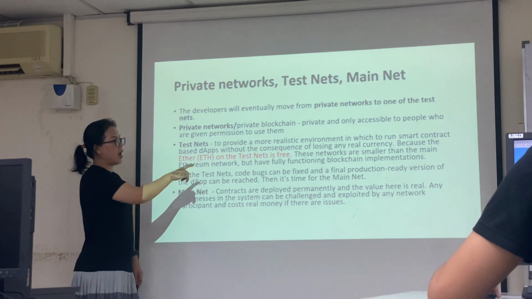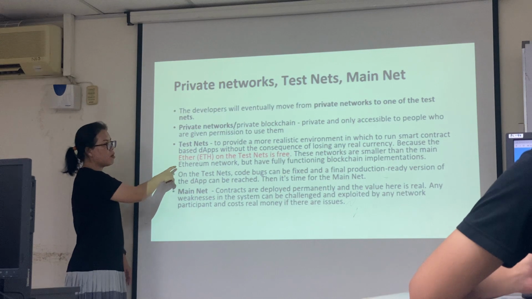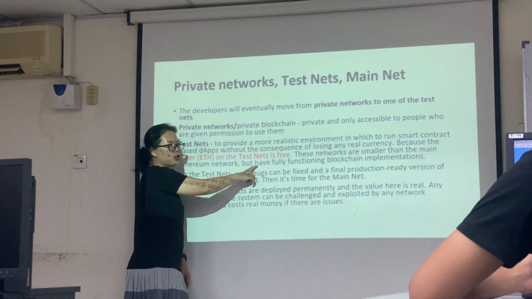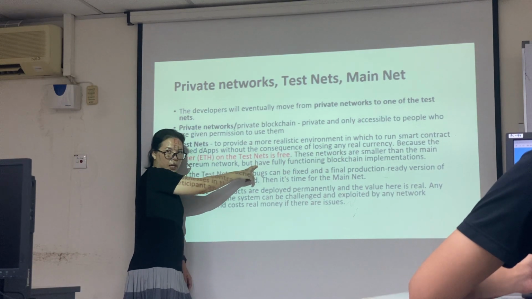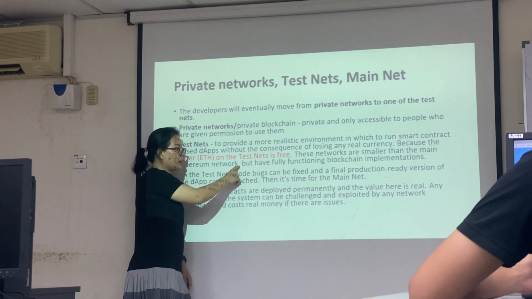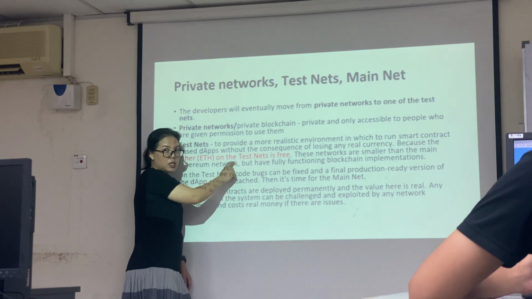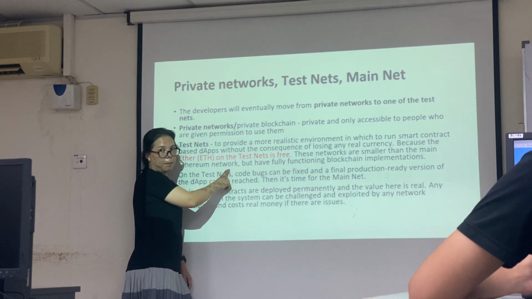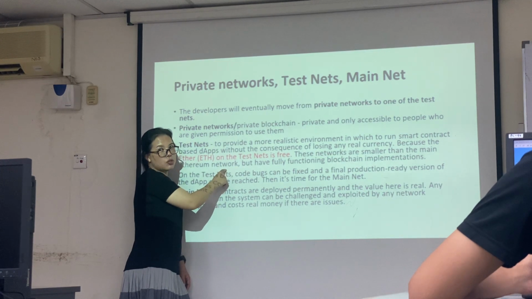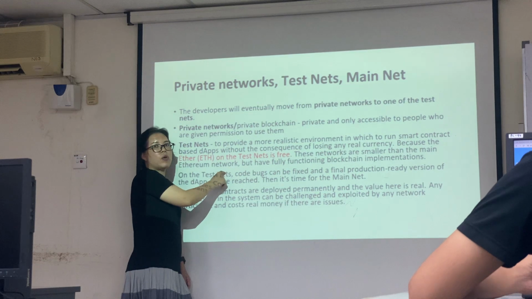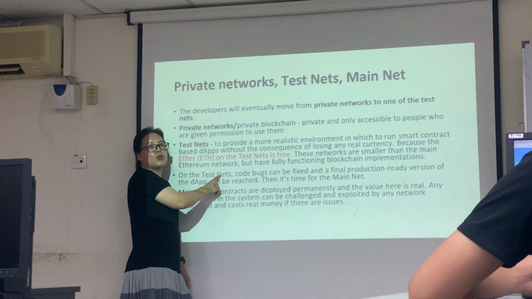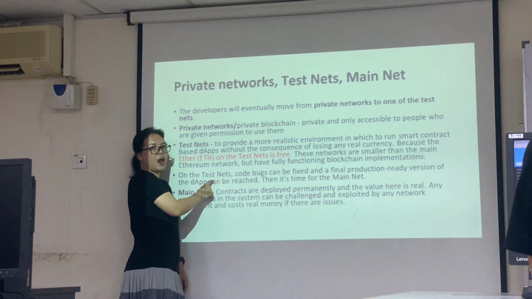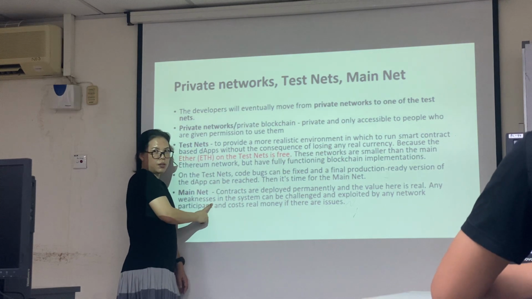These networks are smaller than the main network, but they are fully functioning blockchain implementations. They are maintained for developers to test their programs. End users won't go in here. Only developers do testing to make sure the program is error free. Only then do they deploy on the mainnet.